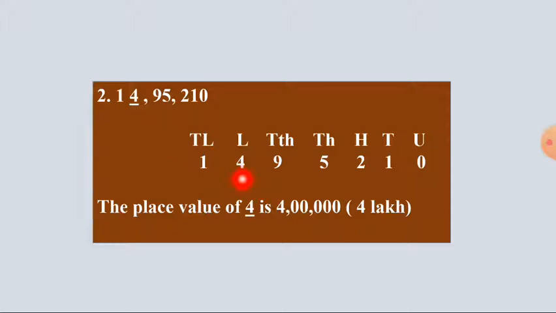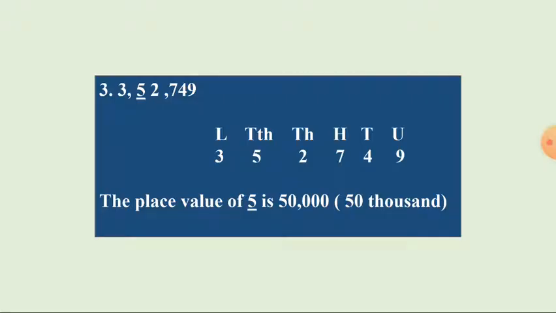So students, as you can see, 4 is at which place? It is at the lakh place. So leave one line and write this: the place value of 4 is 4 lakh. So in numbers also you have to write like this. Now moving to our next sum, which is the third sum. Copy it.